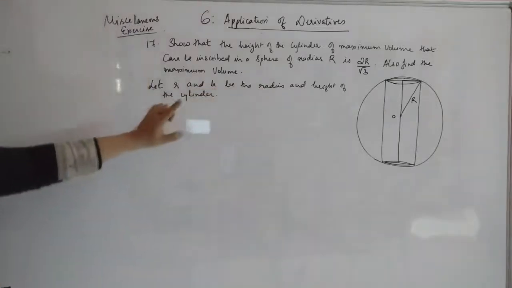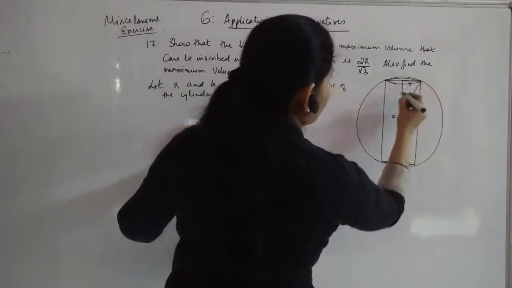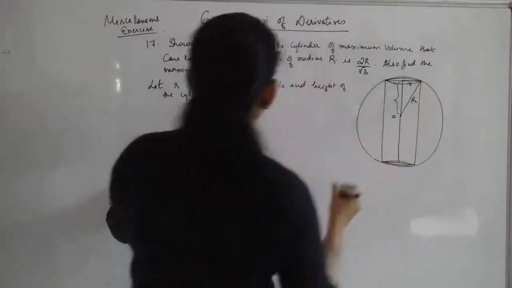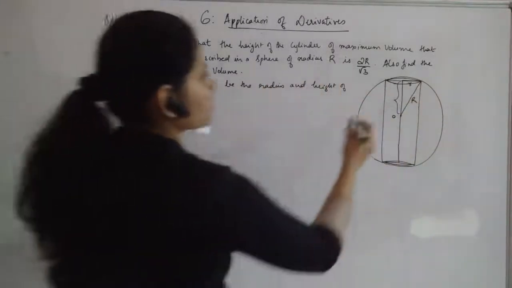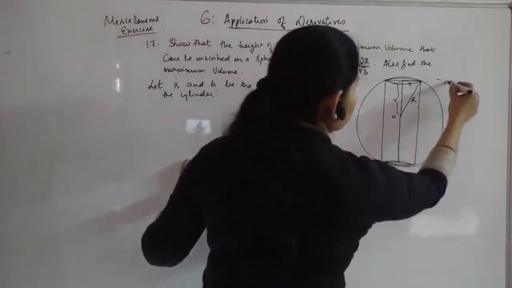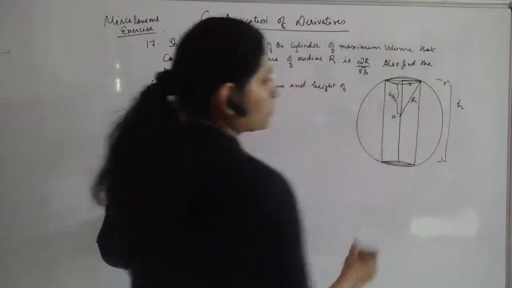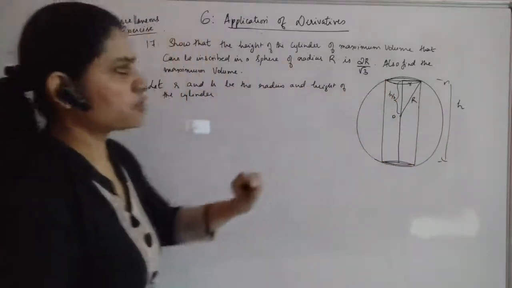Okay, so this one is small r. What about this part? Because the height of the cylinder is taken to be h in total, this much is your h, this will be h by 2, right? From the center to this part, this will be h by 2.